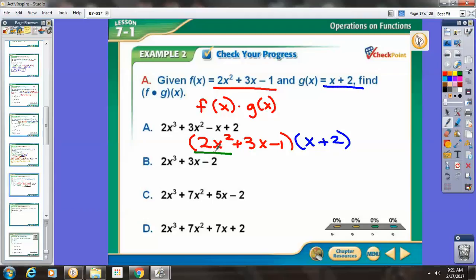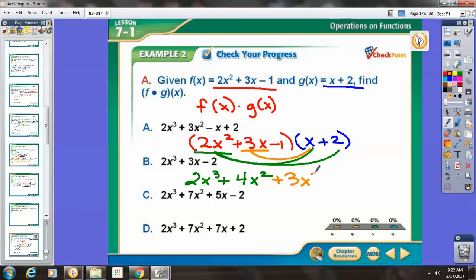Starting with 2x squared. 2x squared times x would be 2x cubed. 2x squared times 2 is 4x squared. 3x times x is 3x squared. 3x times 2 is 6x. Last will be negative 1 times x and negative 1 times 2.